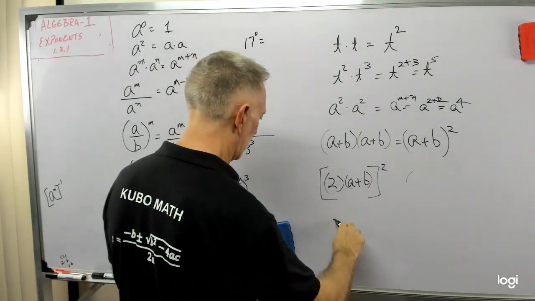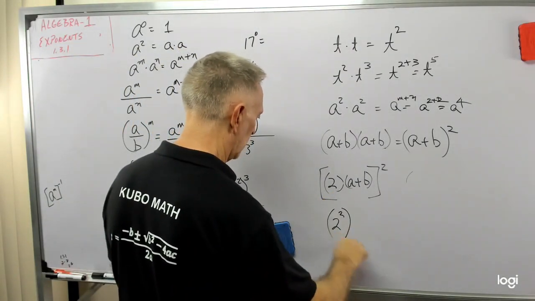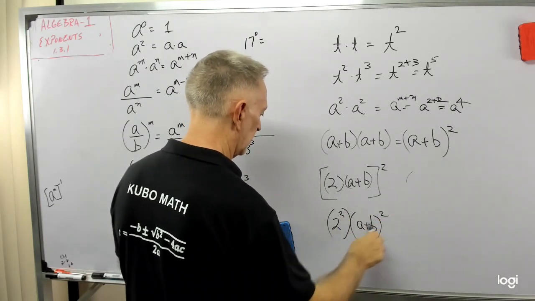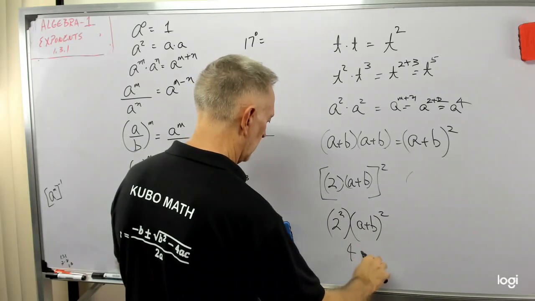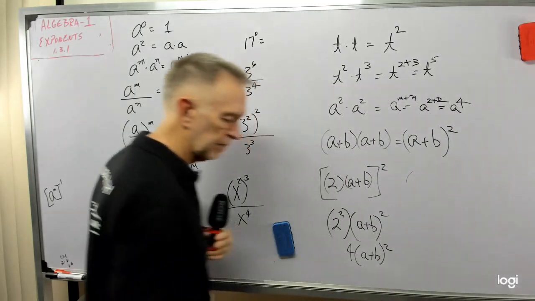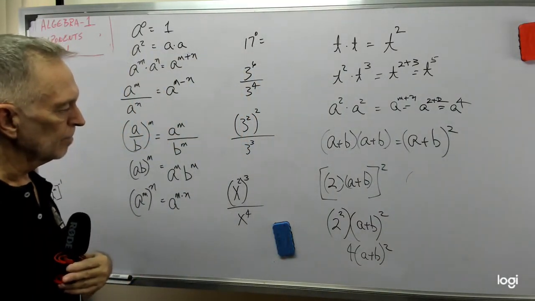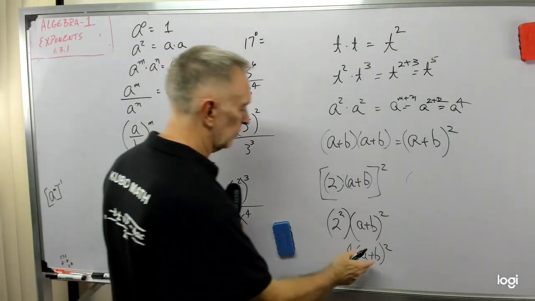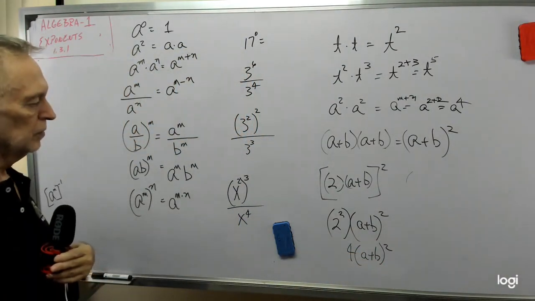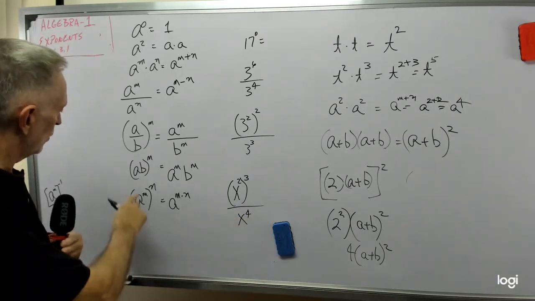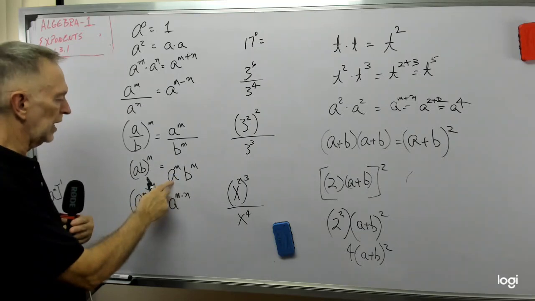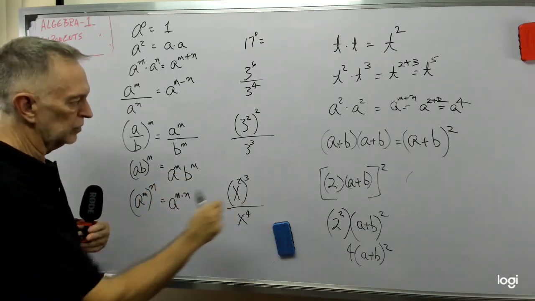That would mean I have 2 squared times a plus b squared, which would be 4 times a plus b squared. Now we haven't learned, I don't think, in Algebra 1 how to FOIL something just yet, but we will. But for now, it would just be using this rule, ab raised to the m is a to the m, b to the m, which is what we've done there.